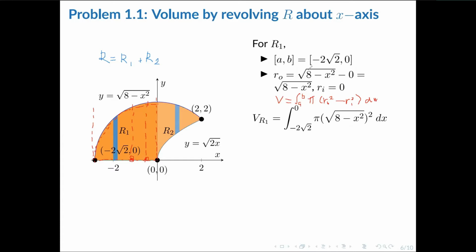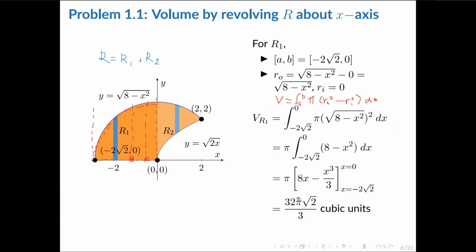So the integrand can be simplified to this expression, so quantity 8 minus x squared na lang. Then solving for the integral, we get 32 pi square root of 2 all over 3 cubic units. So don't forget to write cubic units since volume yung sinosolve natin dito.